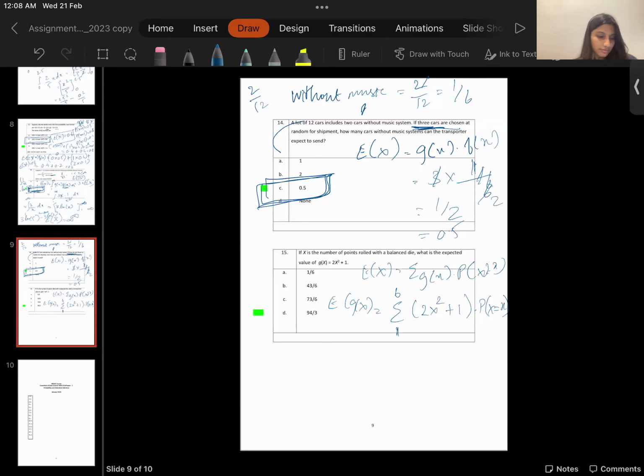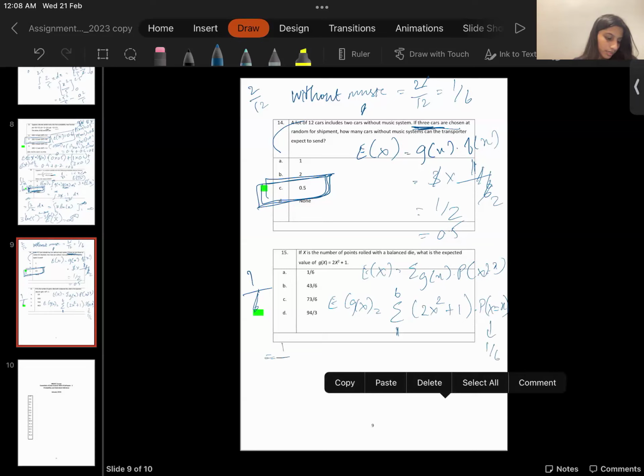For any die roll, the probability of any number is 1 by 6. So your expectation is 1 by 6 into the summation from 1 to 6 of 2x square plus 1.